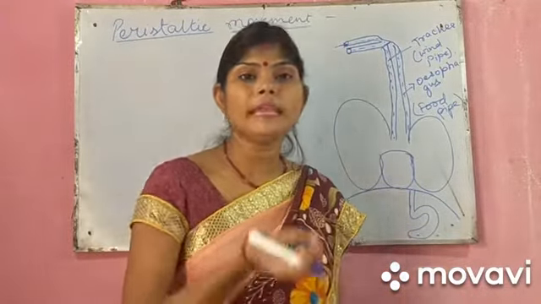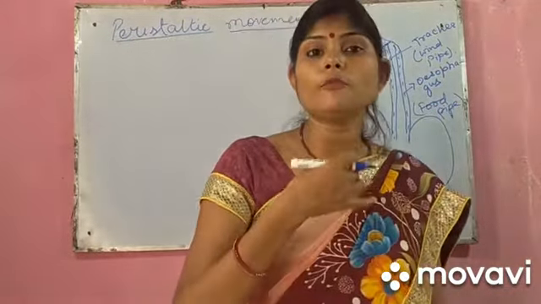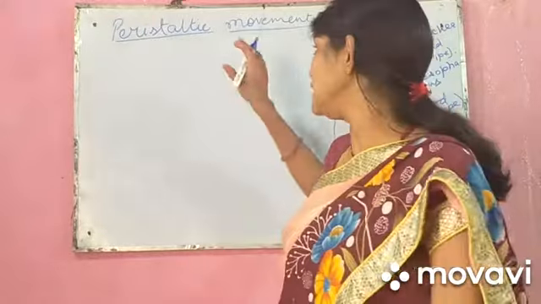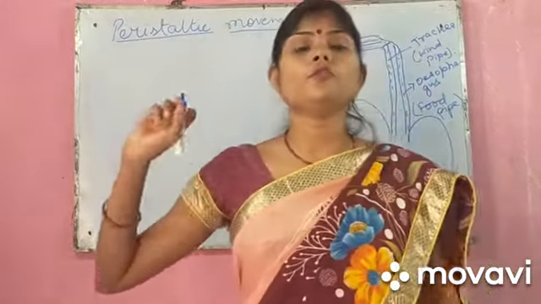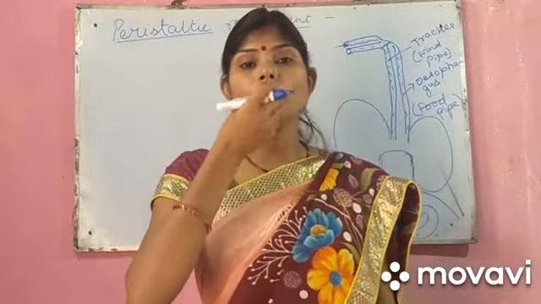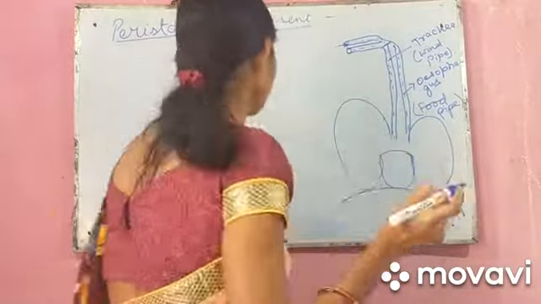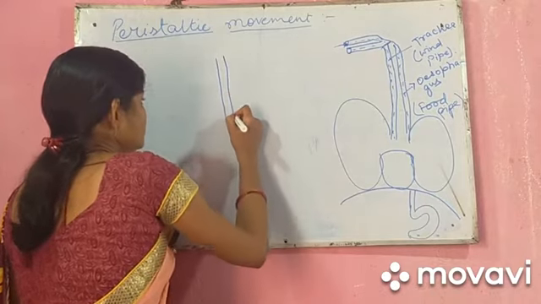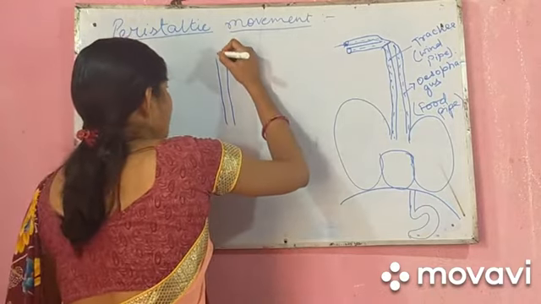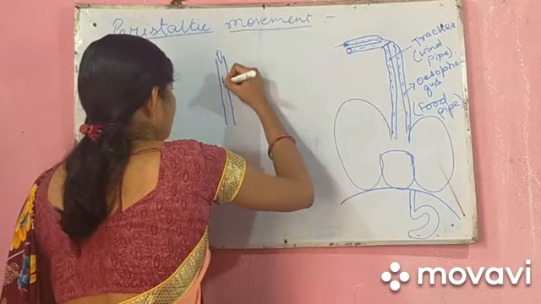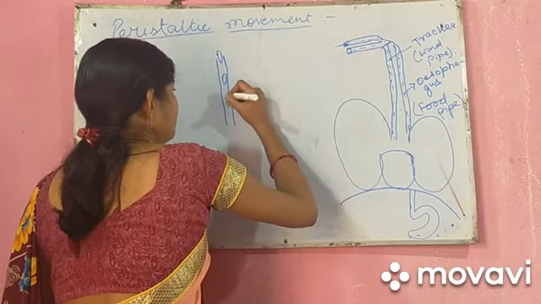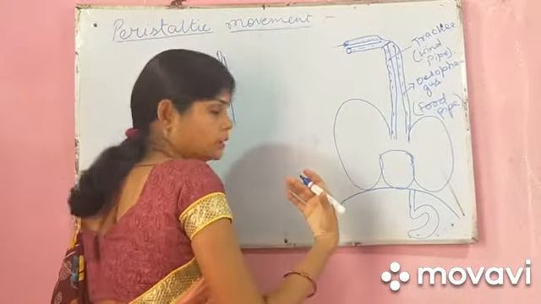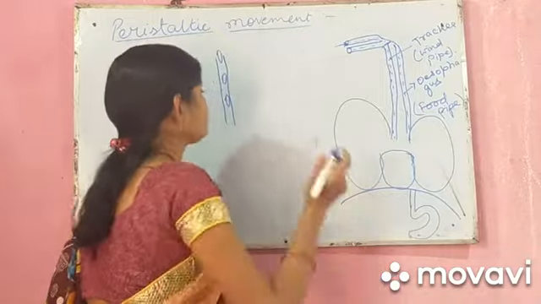Whenever we eat anything and swallow it, by a movement known as peristaltic movement, the food passes from one part to another. Let me explain. Suppose this is our esophagus, and this is the piece of food which, after becoming semi-solid, has to pass from one part to another in our alimentary canal. Then expansion and contraction take place.